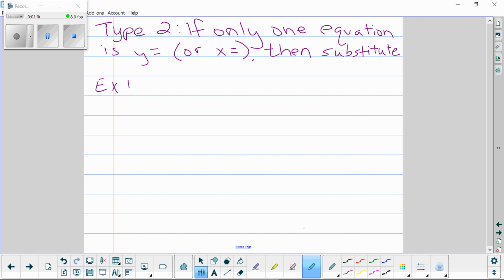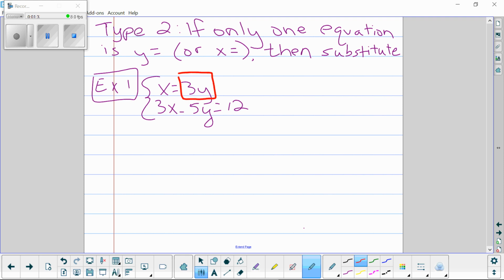So example 1 is going to be the system x equals 3y and 3x minus 5y equals 12. So here you can see that what they've given us is that x equals 3y.